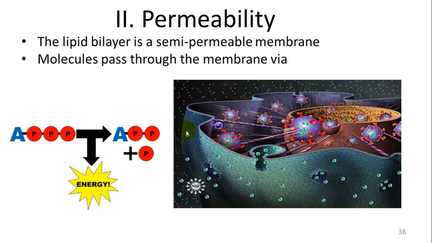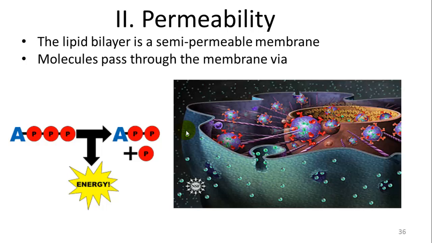Okay, so the lipid bilayer is a semi-permeable membrane, meaning it lets some things through and it keeps other things out. Okay, and it needs to be this way to allow the things that you need in, to release waste, to keep other things out. Molecules pass through the membrane via 2 methods, which are really general methods for how molecules move generally, even not through the membrane.